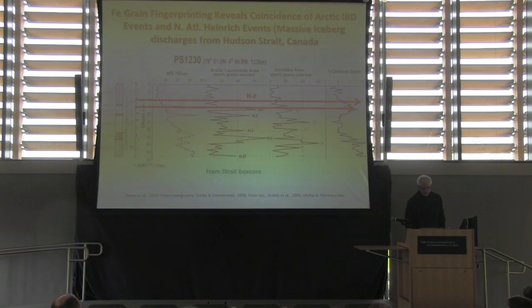And these are almost identical in timing to those Heinrich events in the North Atlantic. And we can see them. So not only was there a North Atlantic event, but there was an Arctic event that coincided just as well, going back at least to Heinrich event 4.